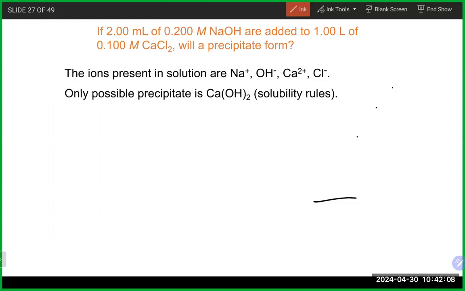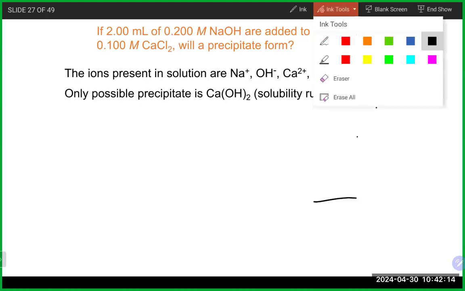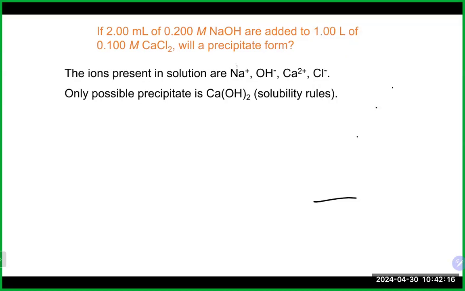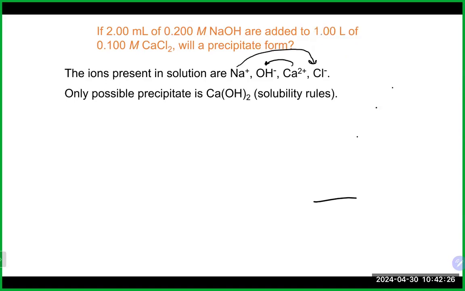Calcium hydroxide is the only possibility, as sodium chloride is soluble, and then these guys would be our other option. So in this case, we really want to know, will we get calcium hydroxide forming? As that is probably our only possibility of something that could form.